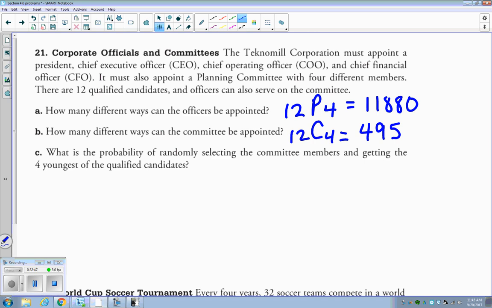But I could choose the second youngest, the fourth youngest, the first youngest, the third youngest in that order. And so the order in which I select them, as long as I selected the 4 youngest, would not matter. So therefore, this is 1 out of 495. Good.